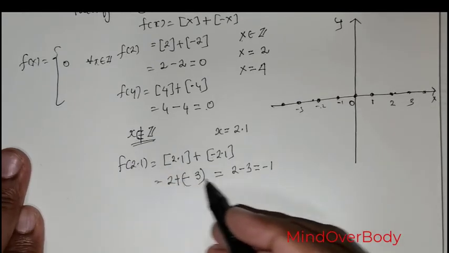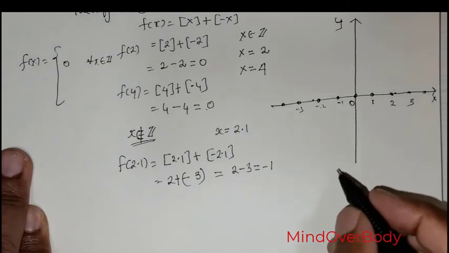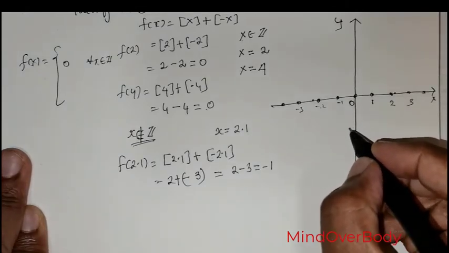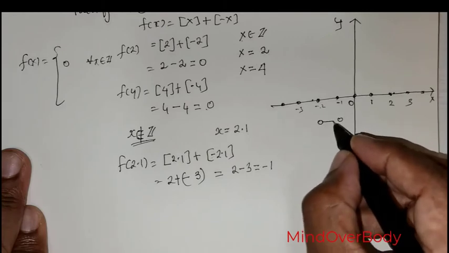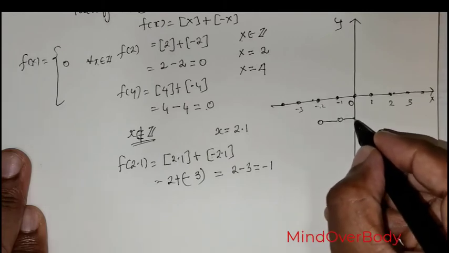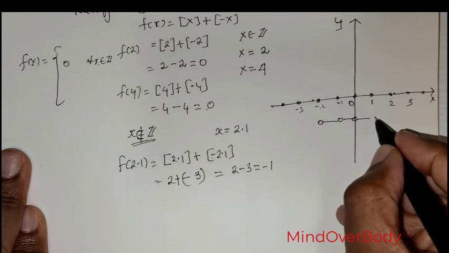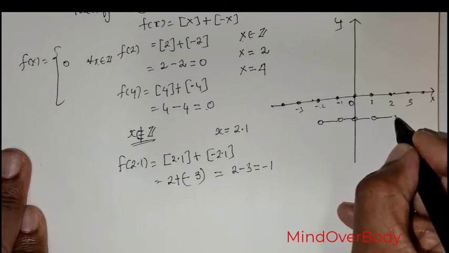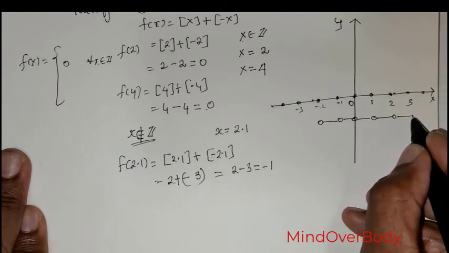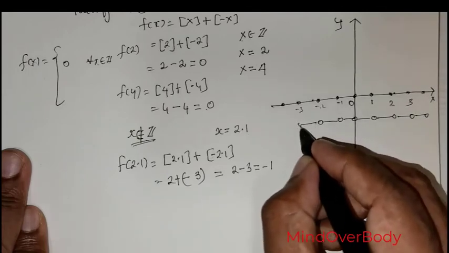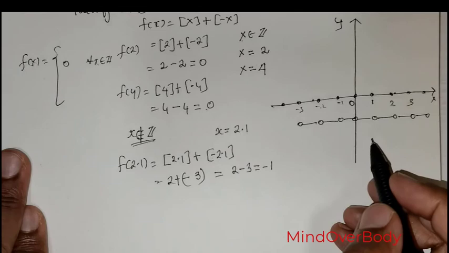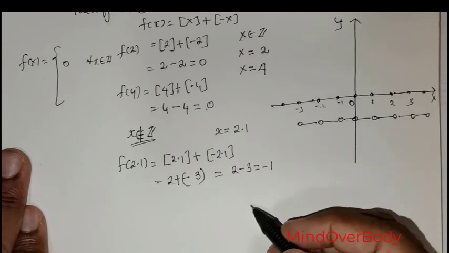Any x which isn't an integer, then if you were to stretch the graph would be looking like this. You got a hole here, a line, and then you stretch it, you get a hole here, and so on. So this is how the graph will look.